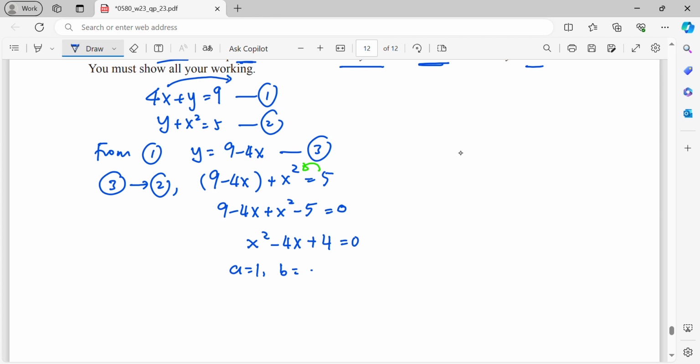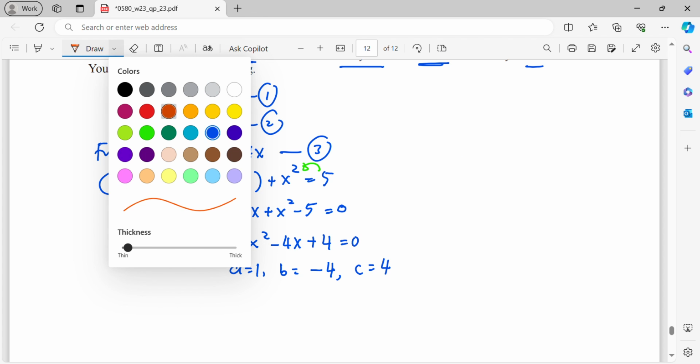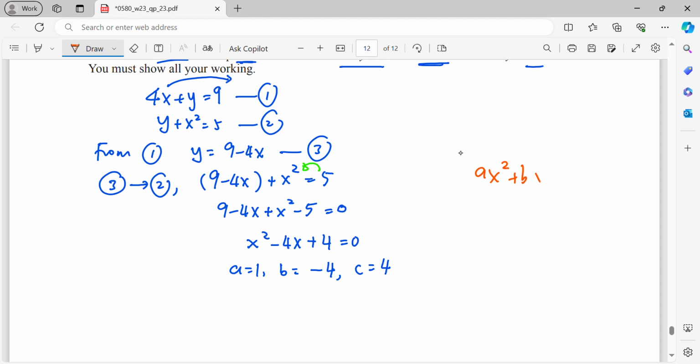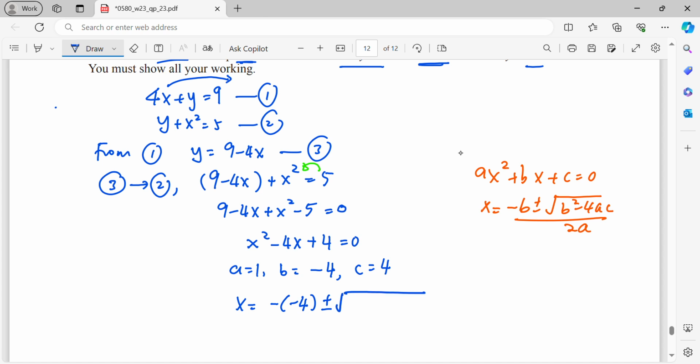A is 1, B is minus 4, C is 4. So now when you use the quadratic formula, ax squared plus bx plus c equals 0, this is a general quadratic equation. Your x is found using minus b plus or minus square root of b squared minus 4ac, over 2a.